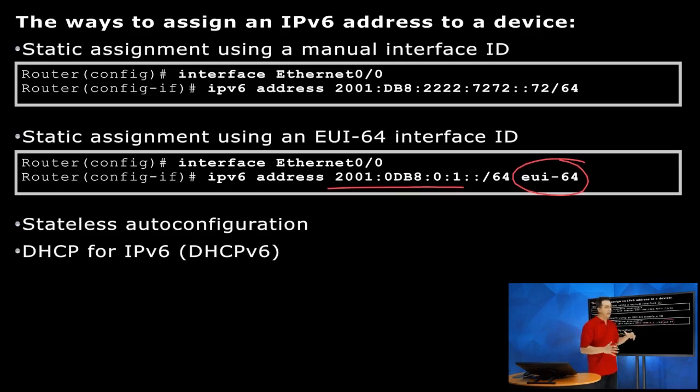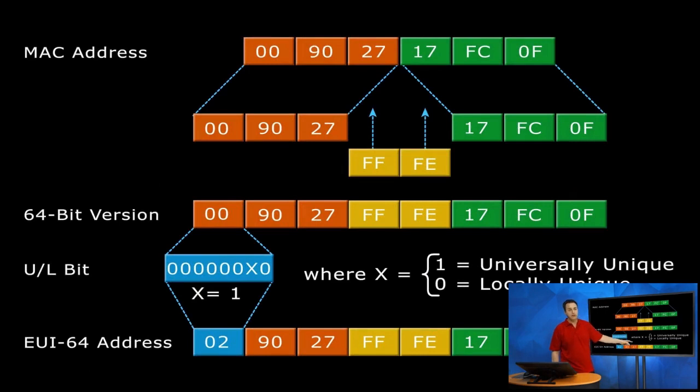And then when we look at the output of show ipv6 interface brief, we're going to see 2001:0DB8:0:1 followed by 0290:27FF:FE17:FC0F as the interface portion of that particular address.